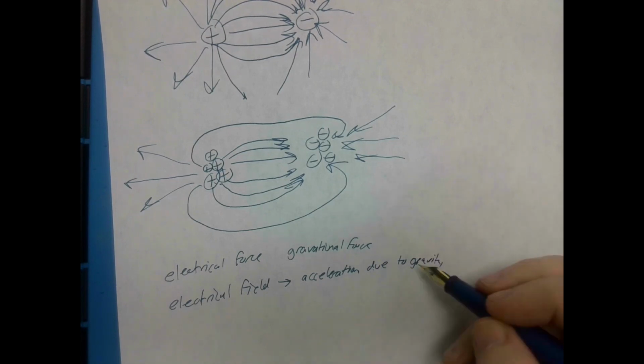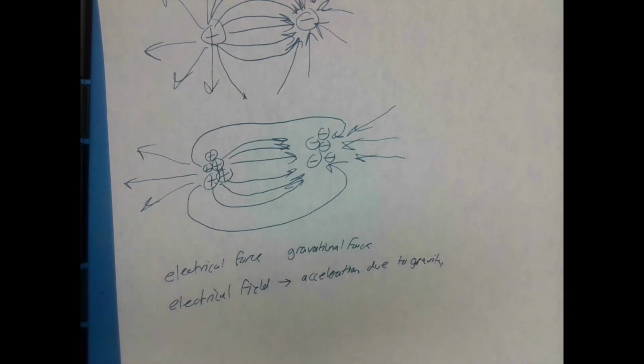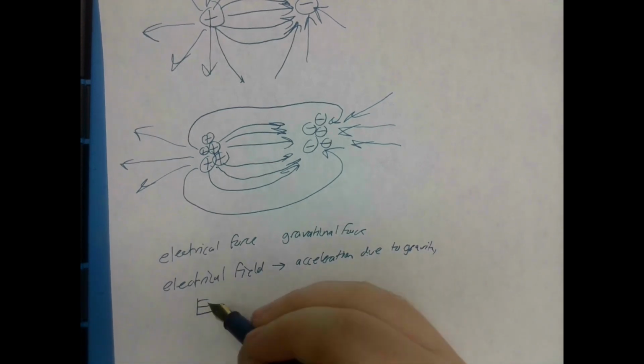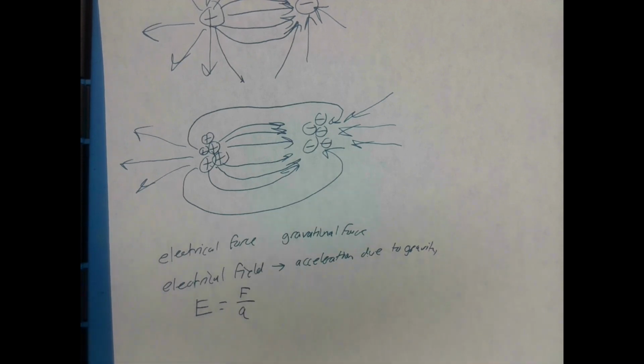That's actually another name for acceleration due to gravity: gravitational field strength. And remember the electrical field is proportional to the force on a test charge and inversely proportional to the charge of that test charge.